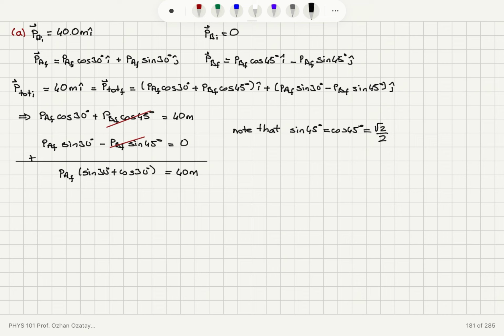So what is PA final? It is mass m times the speed VA final.